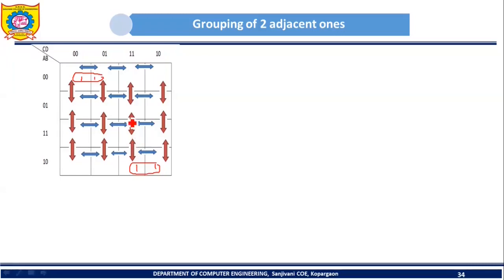Then consider the next possibility. If we have two 1s in vertically adjacent cells, suppose we have 1 here and 1 here, we can make a group of these two 1s. Two 1s present in any vertically adjacent cells can be combined together to form a group.